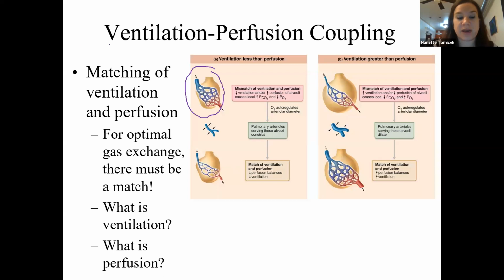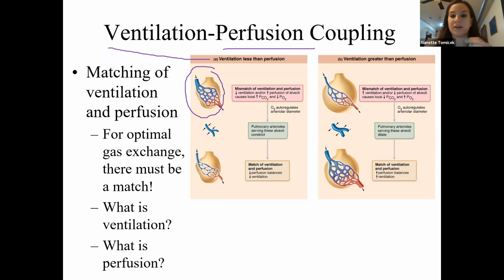So there is a mechanism in our body making sure that ventilation and perfusion are appropriately coupled. So we want to make sure our airway is wide enough to let the right amount of air in and out so we can do exchange. And then we also have to make sure that our capillary bed has blood flowing through it quickly enough that it is going to be able to pick up and move the oxygen and carbon dioxide. So there's got to be a match.